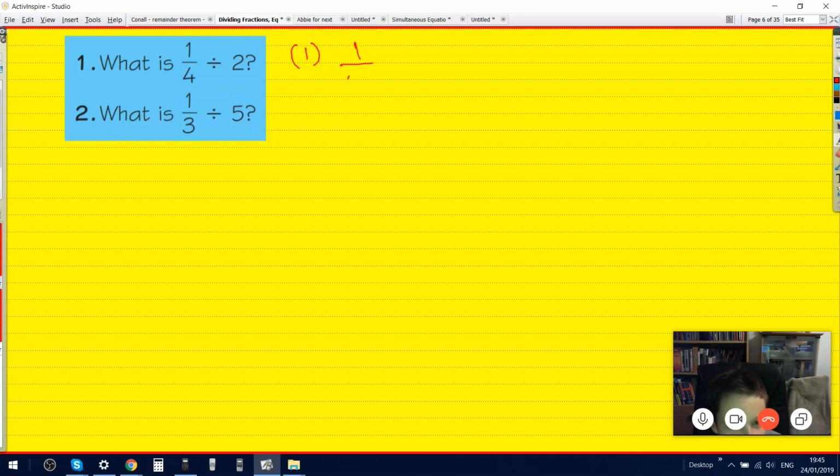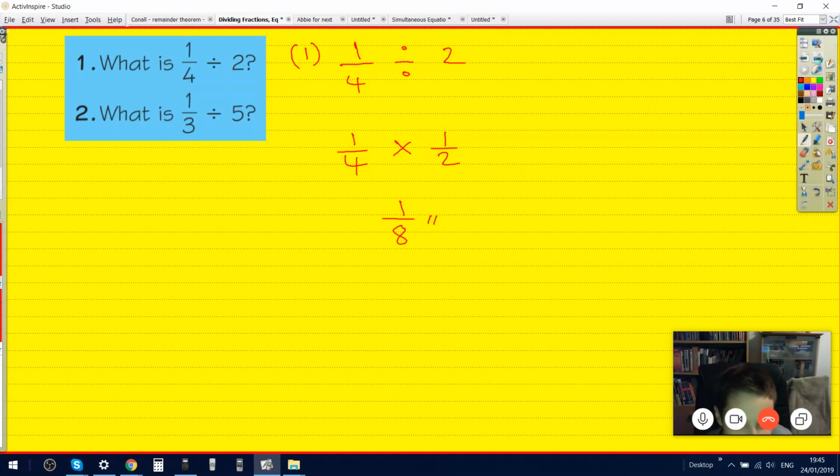And so you would keep the 1/4. You would change the divide sign into a times sign, and you'd flip the 2 to make 1/2. And so 1/4 times 1/2 is 1/8. That's it. I think you're fine there.